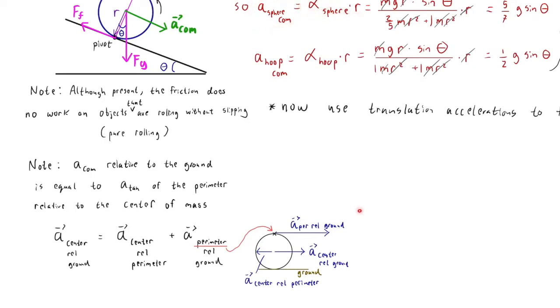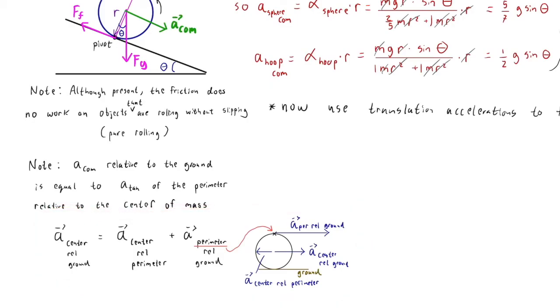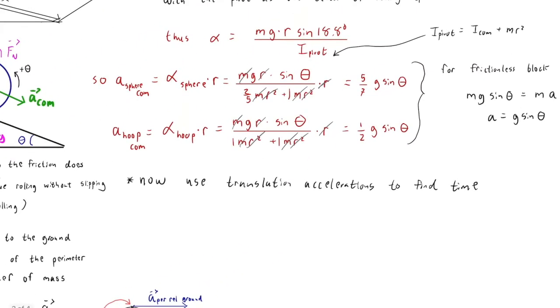The reason it works is because of the relative velocity equation, moving from one point to another and considering motion relative to the center, and then the center's motion relative to the ground, thus telling us that the motion of the center relative to the ground is the same as the motion of the perimeter relative to the center. Okay? And that's important because that does allow us to use this relationship, which certainly is a helpful one. Okay? So you can see here, there's a lot of ideas, although the calculation is not all that complicated.